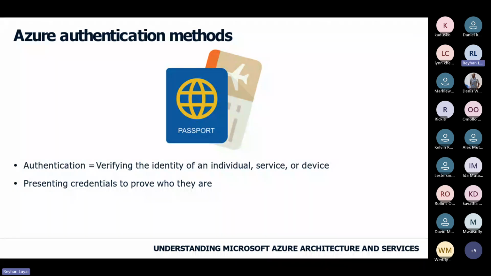It's similar to presenting your passport at the airport. This action validates your identity, yet the destination you are flying to requires a destination verification process. So Azure offers various authentication methods, which we'll explore shortly.